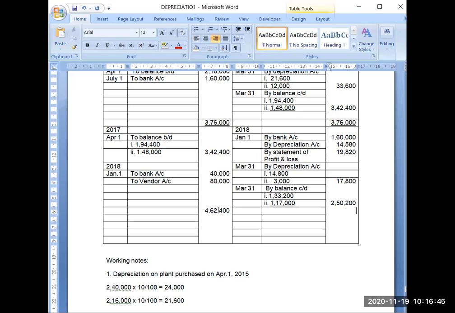Now coming on this side, so this total is itself 1,94,400. Then adding up, it comes to 4 lakh 62,400. It is also coming equal.